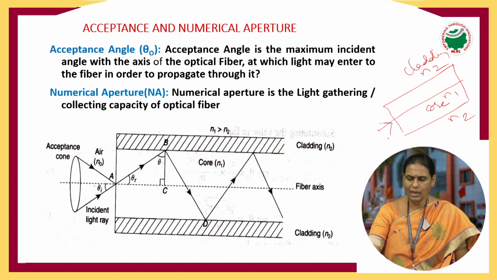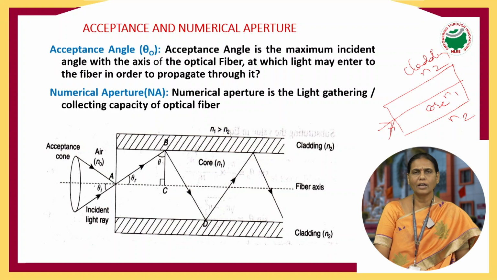Now, we are incidenting light into the optical fiber. So, how much amount of light is entering into this optical fiber, we need to find out, in order to make the total signal travel inside the optical fiber. For example, we are saying hello. Hello is one signal.